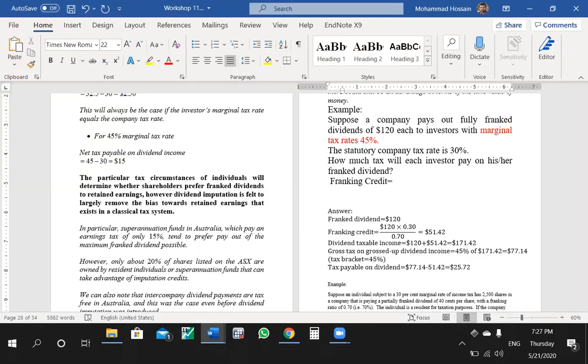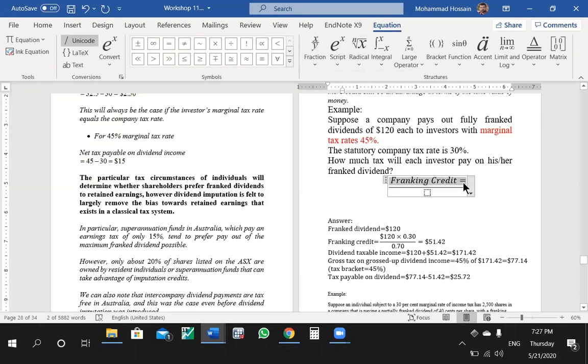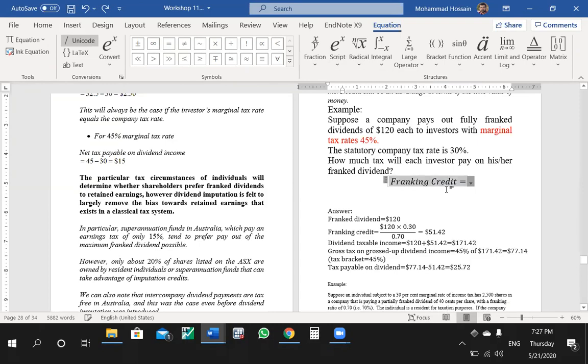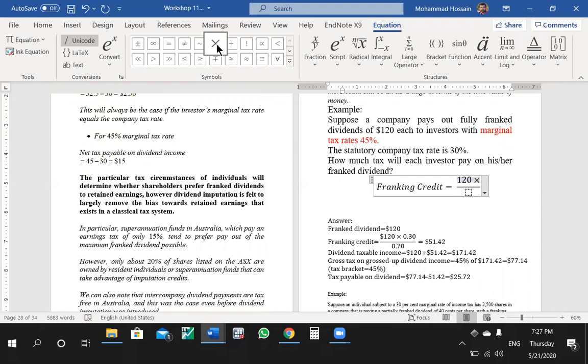Franking credit will be equal to dividend multiplied by tax rate, which is 30%, 0.3, divided by 1 minus tax rate. 1 minus tax rate is 0.7, which is actually 70%.